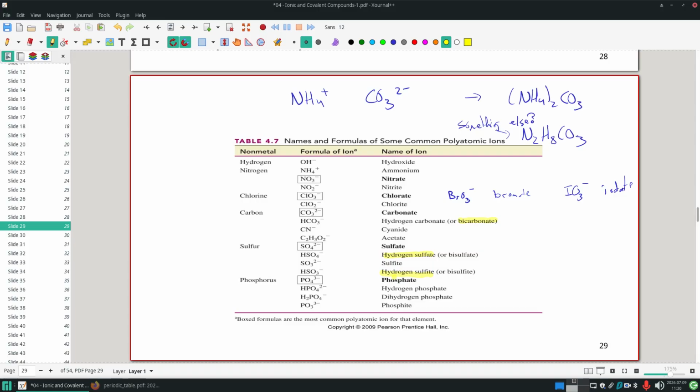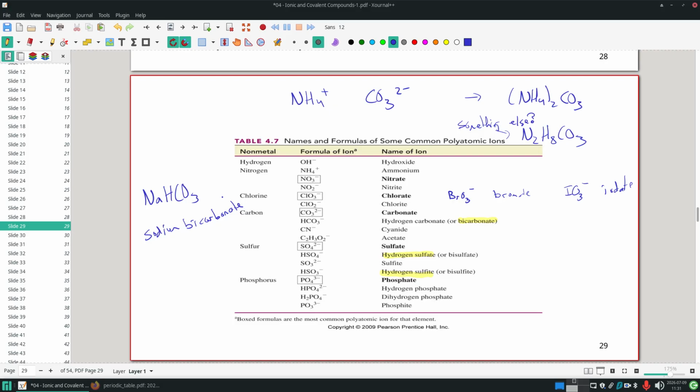Now, part of the reason for that, let's think about these weird rules. What do you think we'd call this? Sodium bicarbonate. Anybody ever heard of sodium bicarbonate? Yeah, it's baking soda. Oh, I just wrote sodium carbonate. I dropped my... But that's a little bit more commonly found as a prefix on that.